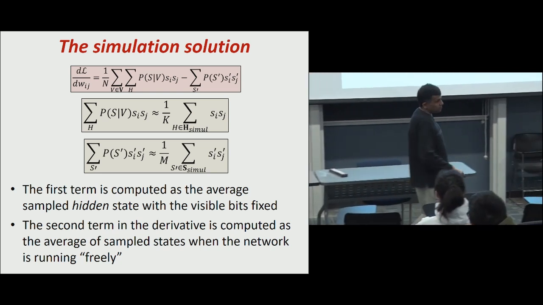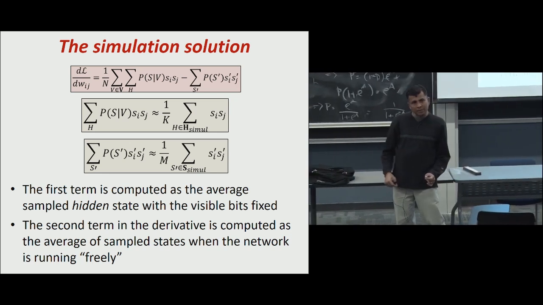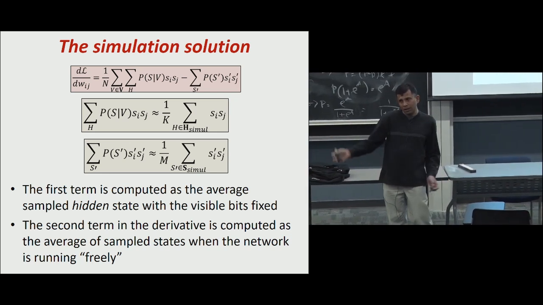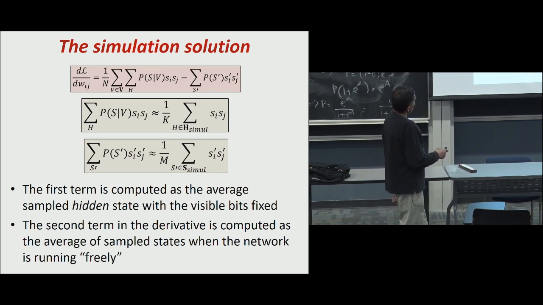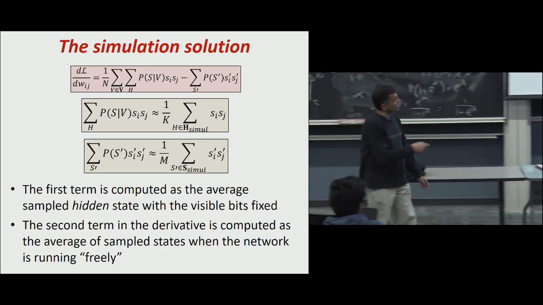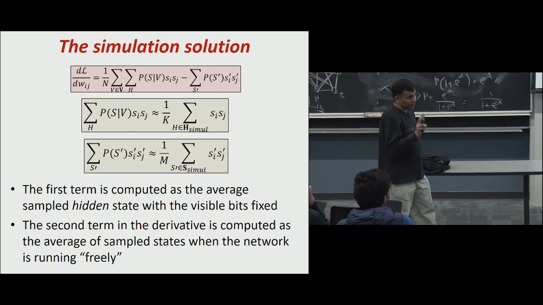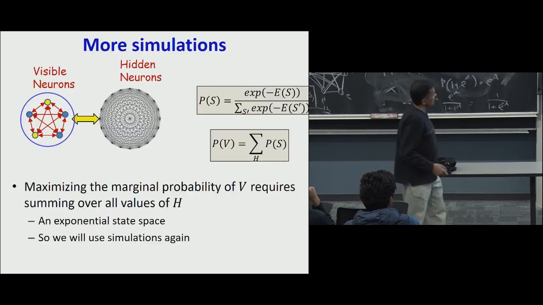The second is the expected value of the product of the two S values, the states, over all possible states. This hidden term you're going to compute by sampling as before. The second term too you're going to compute by sampling, but there's a difference between these two. This is S given V. This is S, right? So what does this mean?